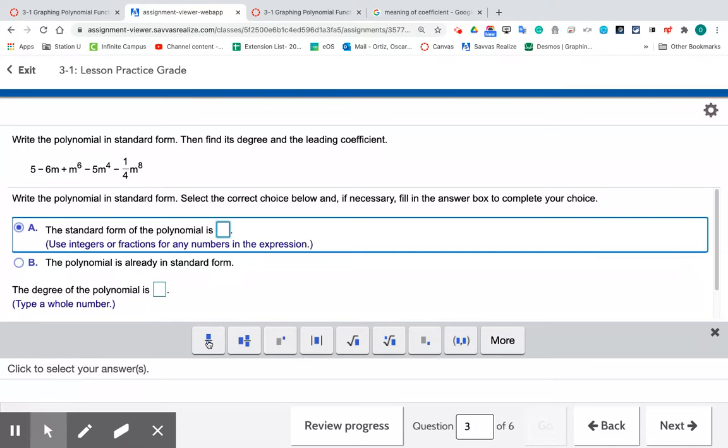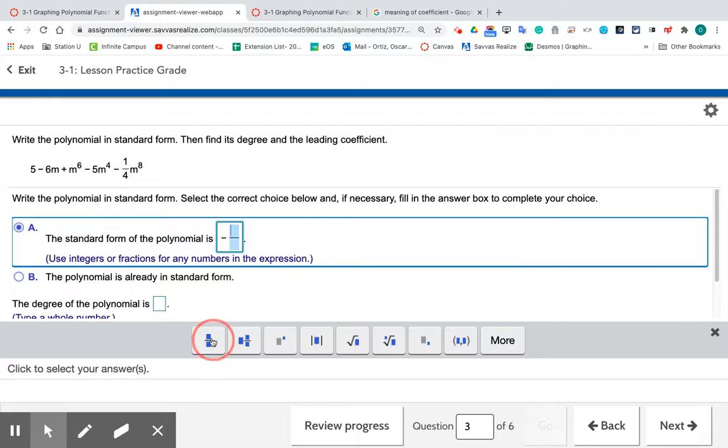Notice there is a fraction, so I'm going to do negative, and then I'm going to do the fraction. I'm going to put the 1 right there. I'm going to put the 4 right there. And I'm going to move to the right, m raised to, oops, I don't want to do capital, m to the 8th power. And then I need to move to the right.